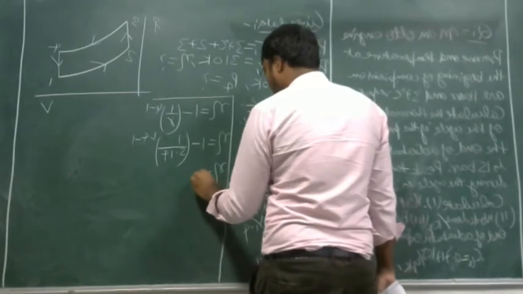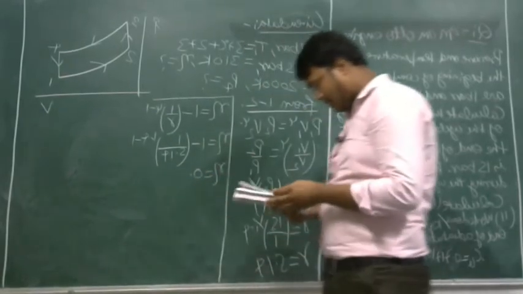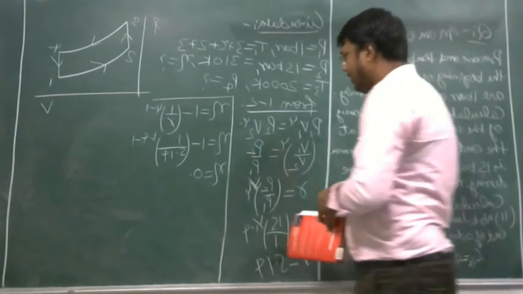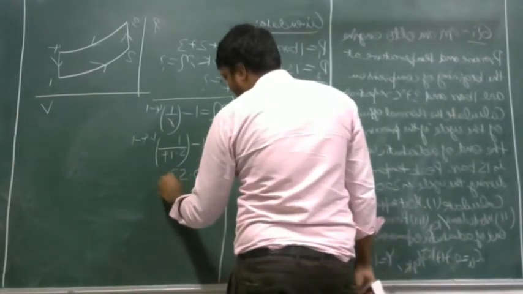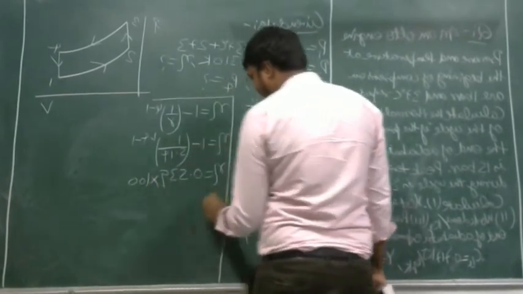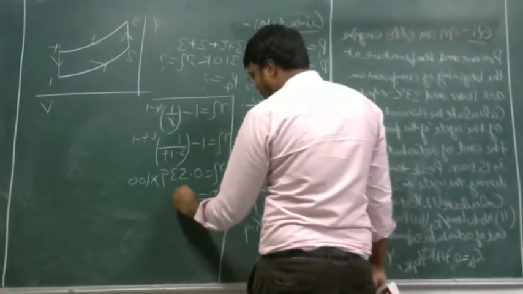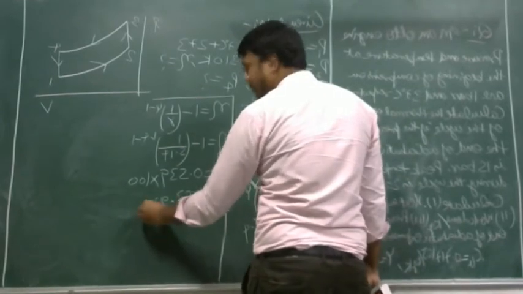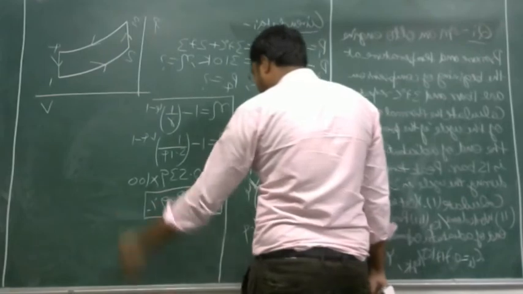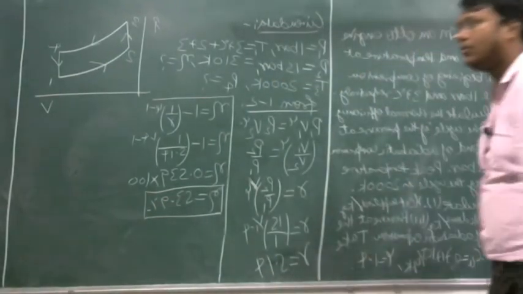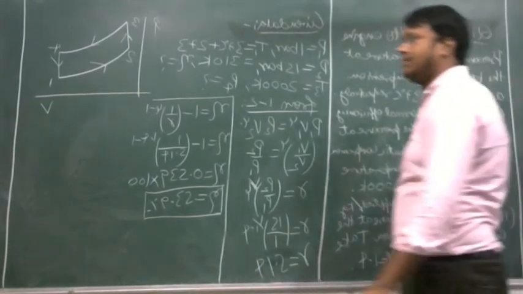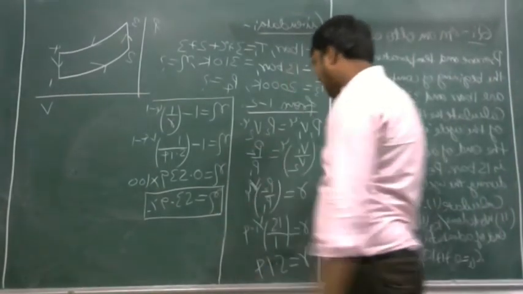The answer will become 0.539, or if we multiply by 100, we get the efficiency in percentage, so it will be 53.9%. So we have got our first answer: efficiency is equal to 53.9%.